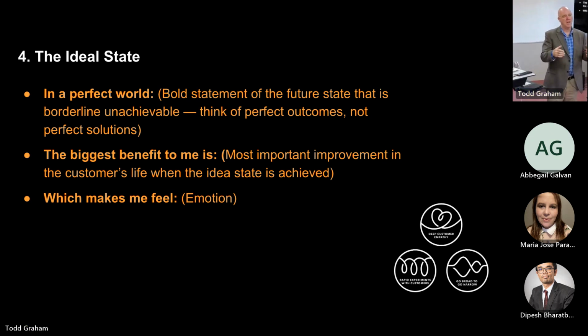Now, you can successfully meet your goal 100% while still missing the benefit to the user, the outcome for the user. By focusing on the user's outcome, you leave yourself the ability to pivot and change your solution.